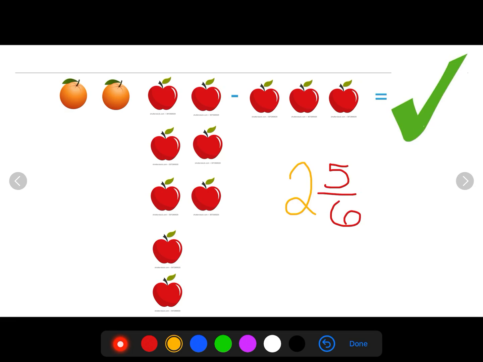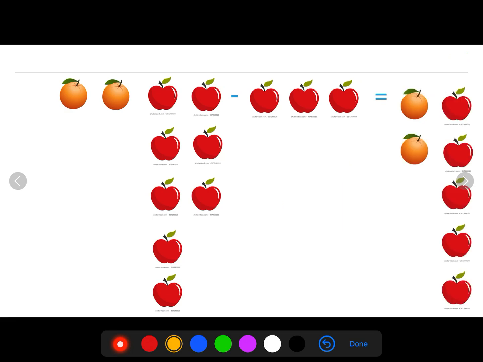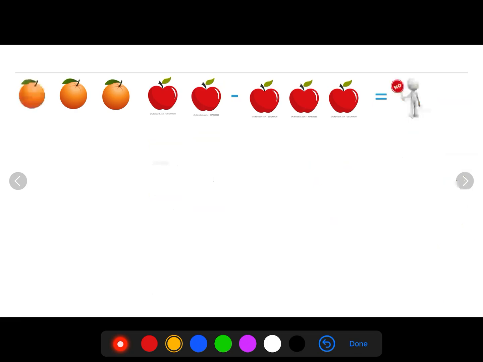You guys, let's do this exact problem just using numbers. This is the same problem. 3 oranges, 2 apples, minus 3 apples, or 3 2/6 minus 3/6.